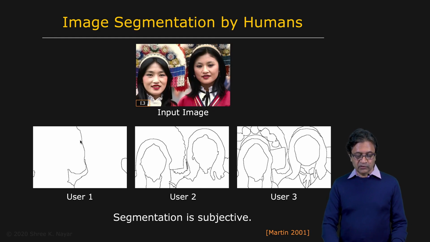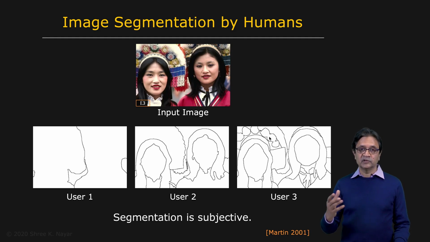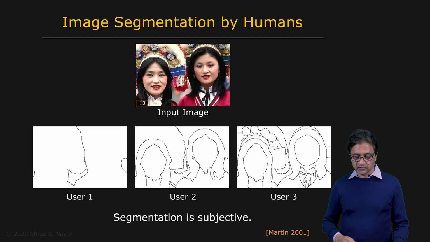Perhaps better demonstrated by this example right here. In this case, one user simply sees this as being two segments. That is, there is a line that just partitions the image into two meaningful regions, which is two people. In the case of this user, the hair is a different region from the face. In this case, he or she sees these decorative pieces in the background as being separate, meaningful regions as well.